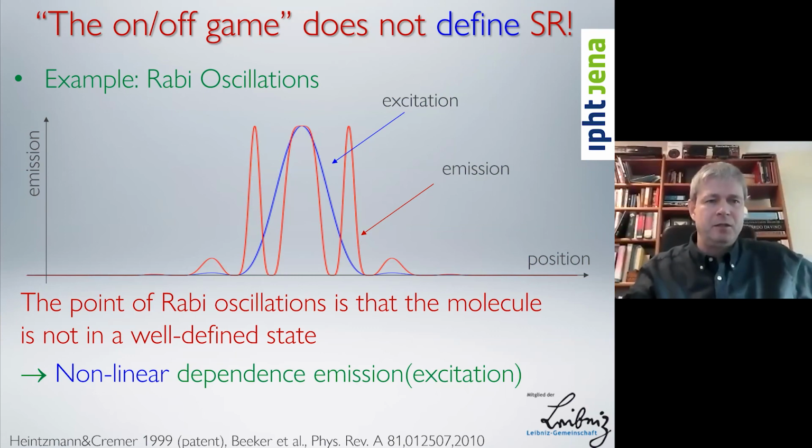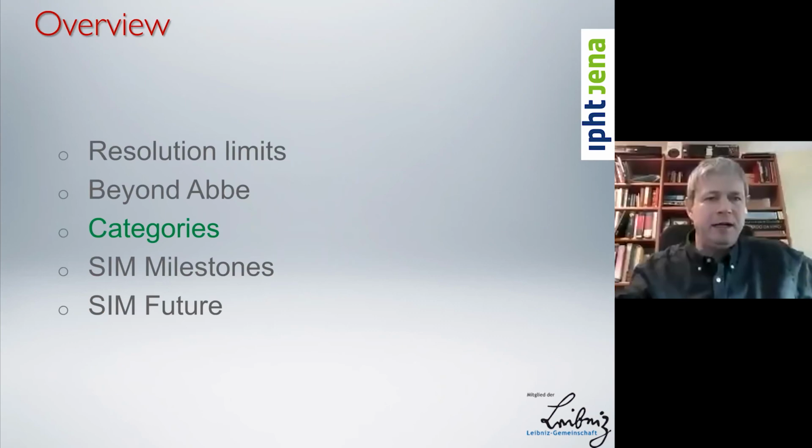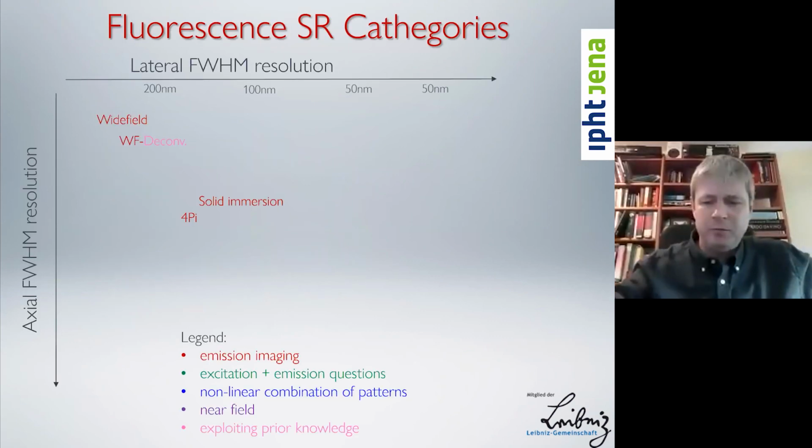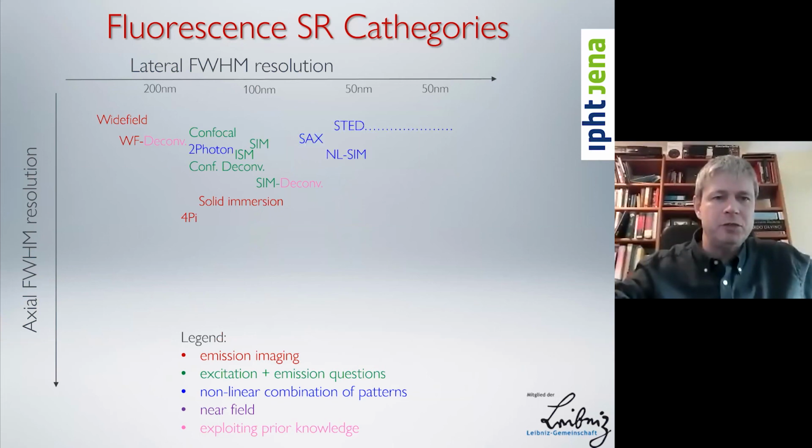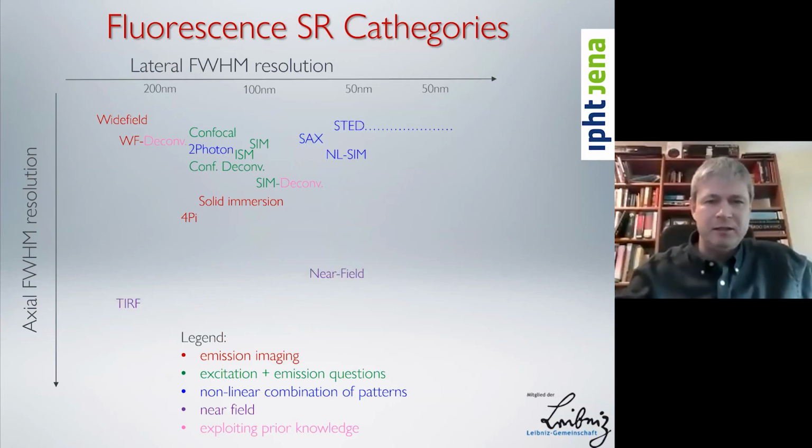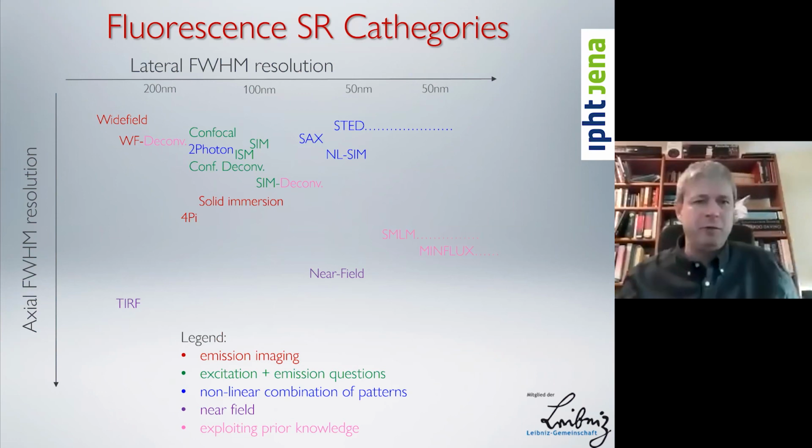Right. So with that, I'm pretty much almost at the end. So what I want to just put here is a little graph that shows you these various ways that you can have super resolution. So I think this roughly pictures what you have. You have an increase from low resolution by just emission imaging to having this excitation emission combination.